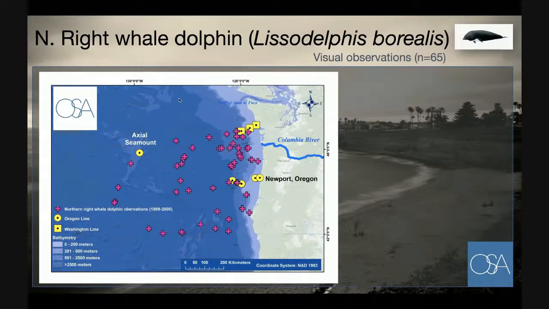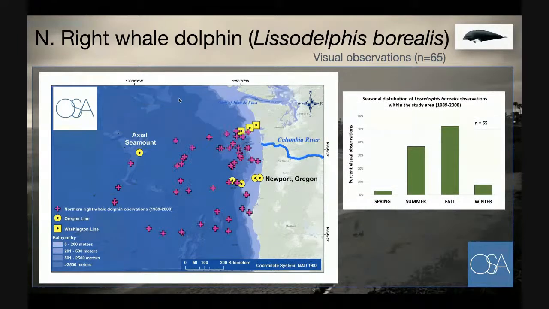Interestingly, most of those occur in the fall, because for one thing, they also migrate, but also summer and fall is the time when most people go out there. Going out in the Pacific Northwest coastal region during spring and winter is very difficult because of the stormy weather conditions, and so you don't get as many sighting observations during that time.